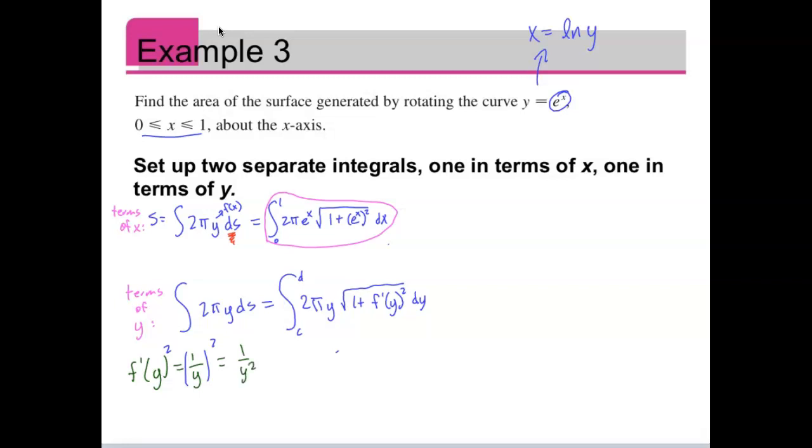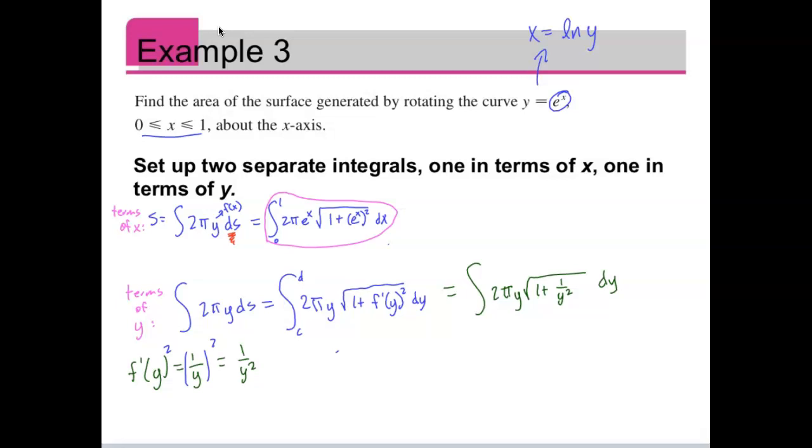All right, so this just becomes the integral of 2 pi y, root 1 plus 1 over y squared dy. And now I just need my limits of integration, which means I need to know what y is when x has those values. So I need full coordinates, right?